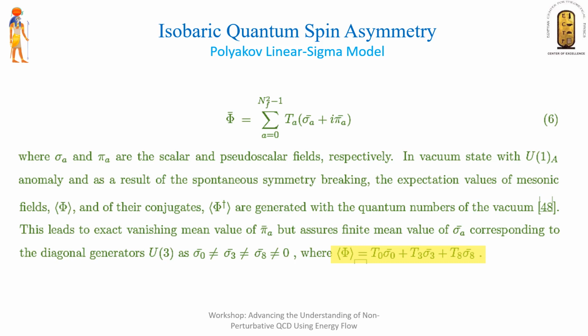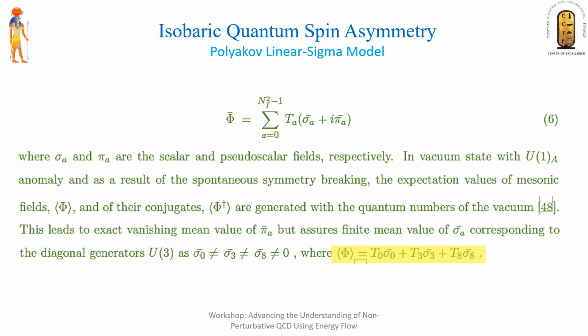This leads to an exactly vanishing mean value of pi A, but a finite mean value of sigma. And we can now assign sigmas to the different quarks, for instance sigma 0 and sigma 3 and sigma 8. All of them are non-vanishing, and we can assign each of them to one type of the quarks.